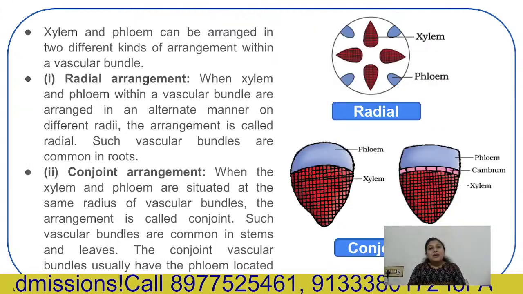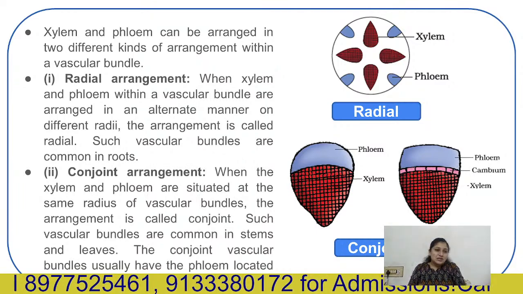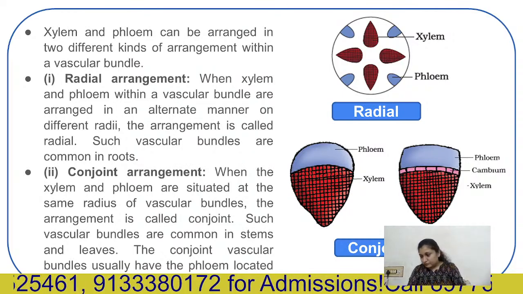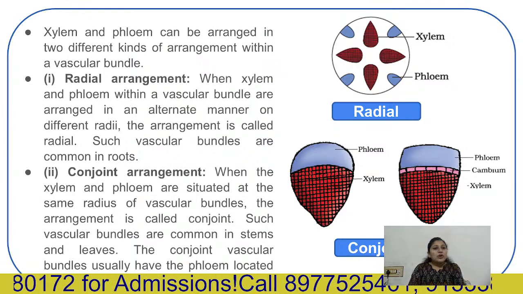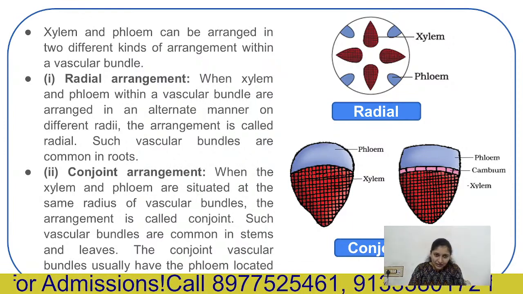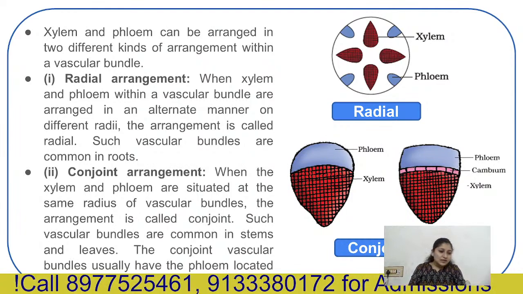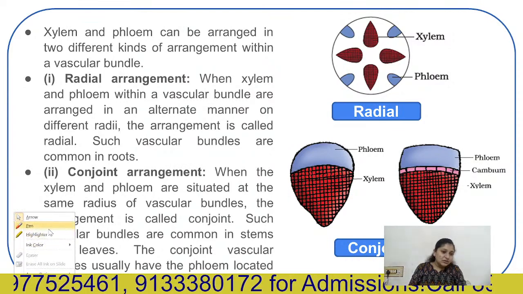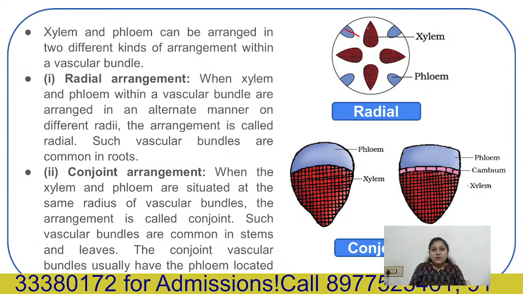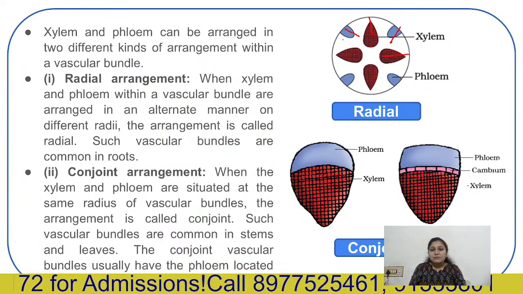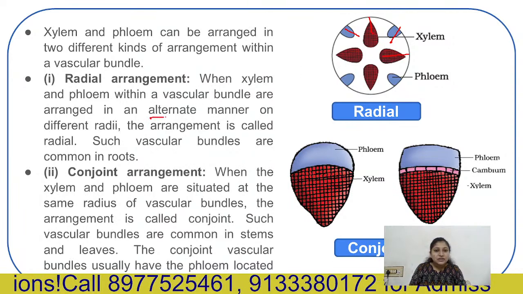So xylem and phloem can be arranged in two different kinds of arrangement within the vascular bundles. First, radial arrangement: when xylem and phloem within a vascular bundle are arranged in an alternate manner on different radii, not on the same radius, phloem, then xylem, one after another, alternately.